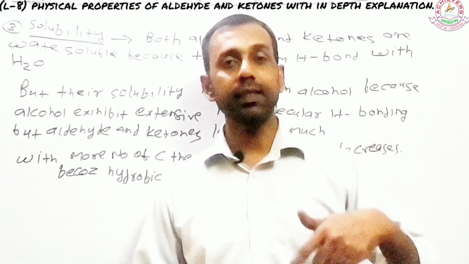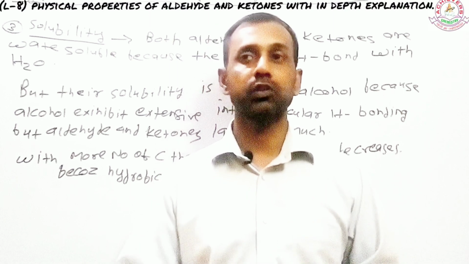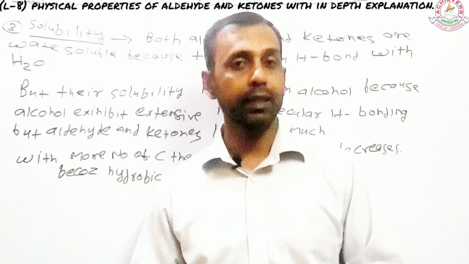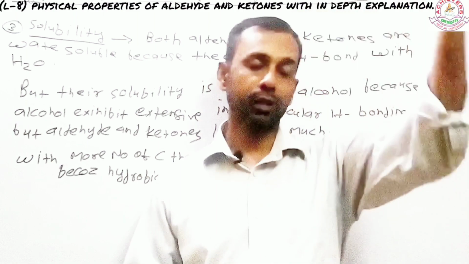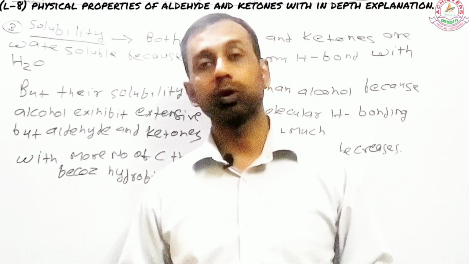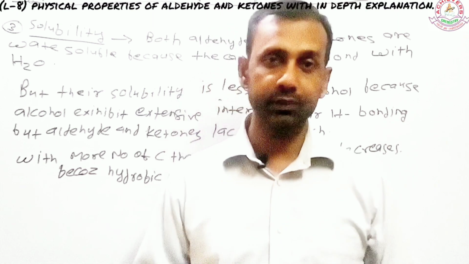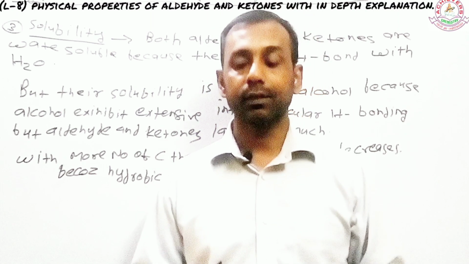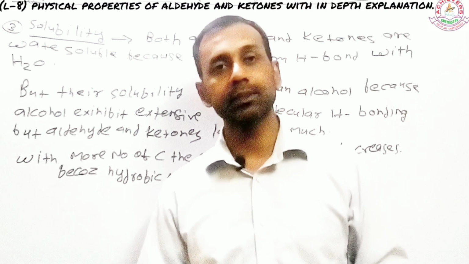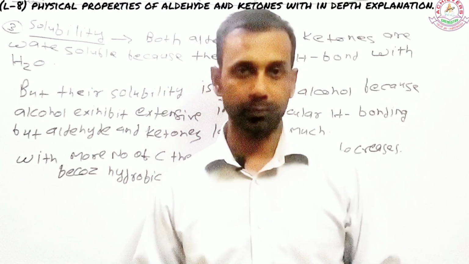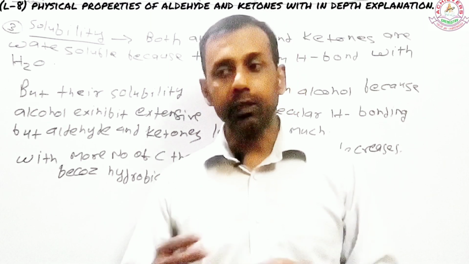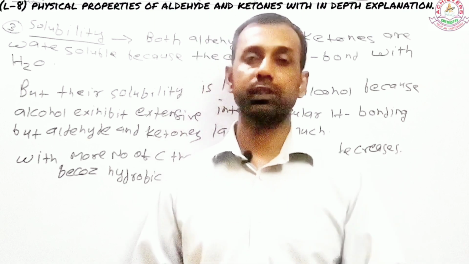Right? But if you increase the number of carbon, if you consider some larger aldehyde and ketones with 6, 7, 8 and hundreds of carbon, they are going to be water insoluble, because with increase in number of carbon, the hydrophobic nature increases. What that means? The hydrophobicity increases, so they lose their affection towards the water, right? So higher ones are soluble in organic, but the lower ones are soluble in water.